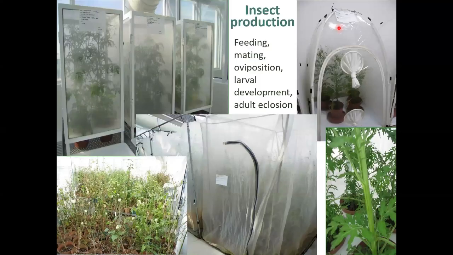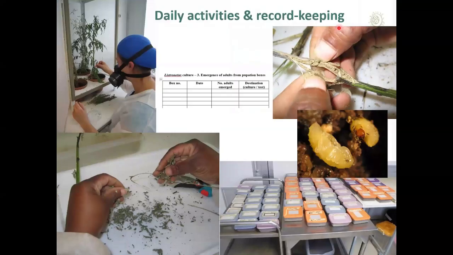And then there's the insect production side of things, ensuring that there's adequate space and resources and that there's a continual supply of fresh plants for feeding, mating, oviposition, and then development of the juvenile stages until the next generation of adults ecloses and is then replaced into the breeding cages or released from these facilities. So there's daily activities, record keeping on a large scale.